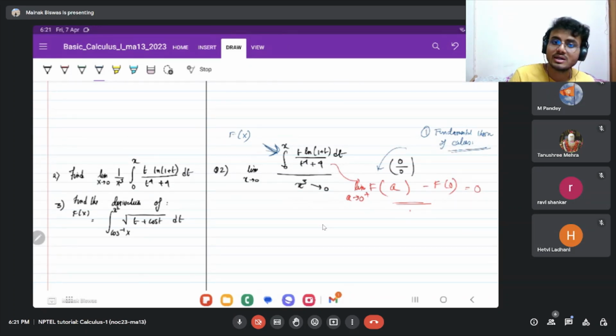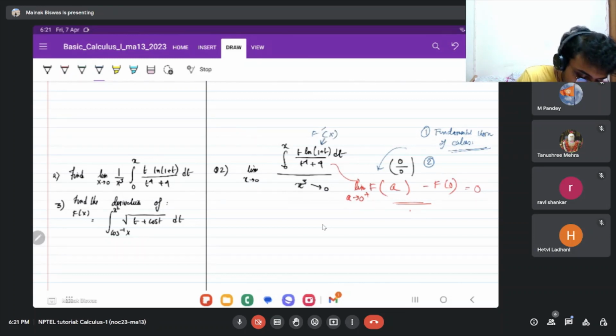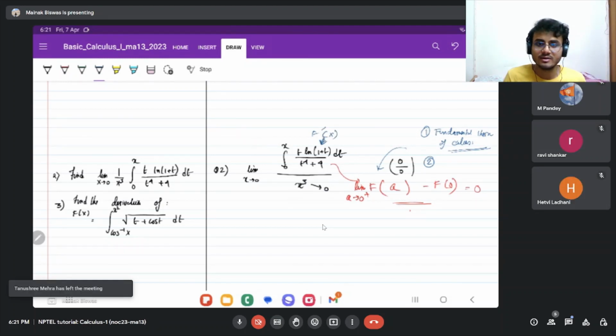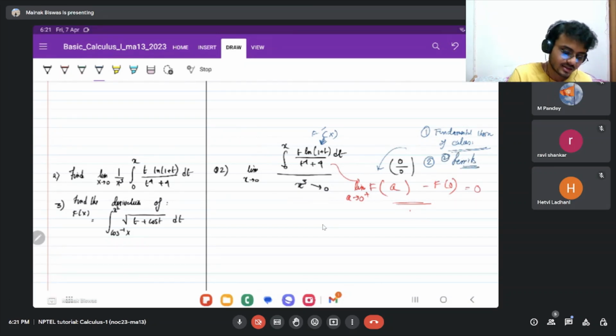I applied the fundamental theorem of calculus. Or you can write F dash x as this, which is the better way of representing it. F dash x is the function in the derivative, right? And number 2, I am using limits, continuity of limits. Both of these I am using, and then I am saying it's a 0 by 0 form.